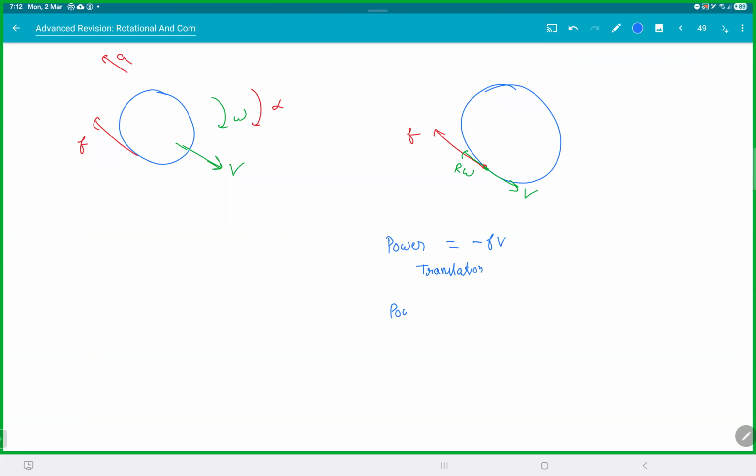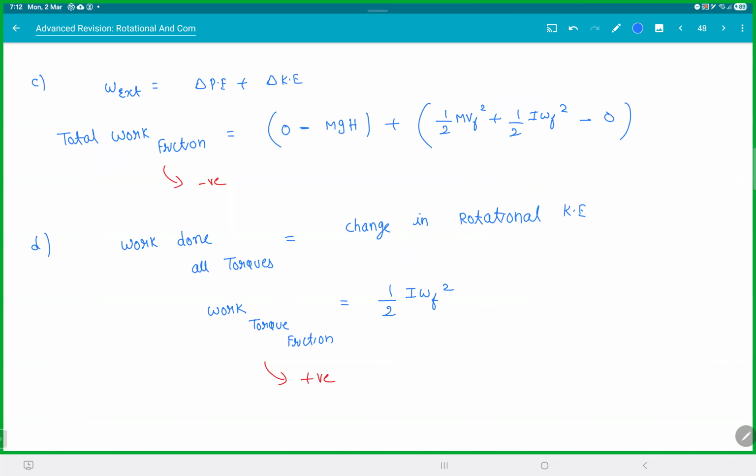The power on rotation, so this is the energy you're giving to rotation every second, which is plus F into R omega. When there's no slipping, V is equal to R omega, these two will be exactly equal. That means you are converting all the translation energy which you're stealing into pure rotational energy there. But when there is slipping, you are missing out some energy and that becomes heat. I hope this was clear.